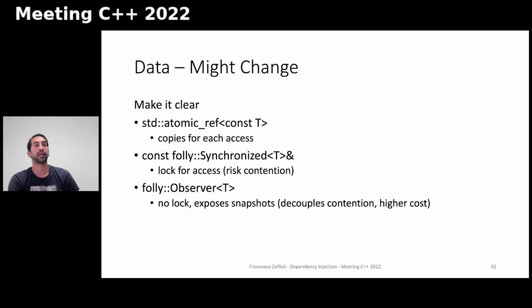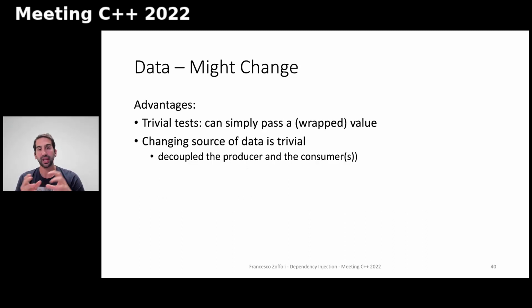the same data. The advantage of using data that might change with these classes is that it makes it easy to test. So for example, you can just pass a raw value to the test, compared, for example, with having to mock whatever was producing the data.